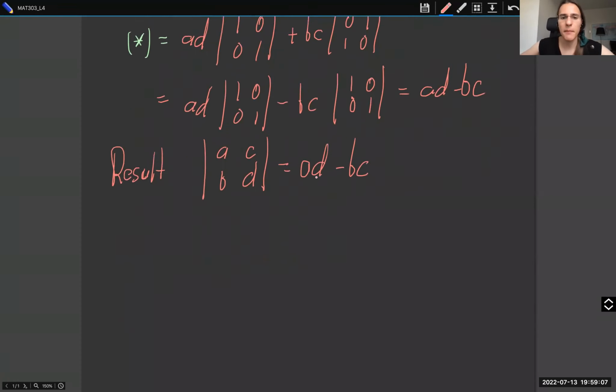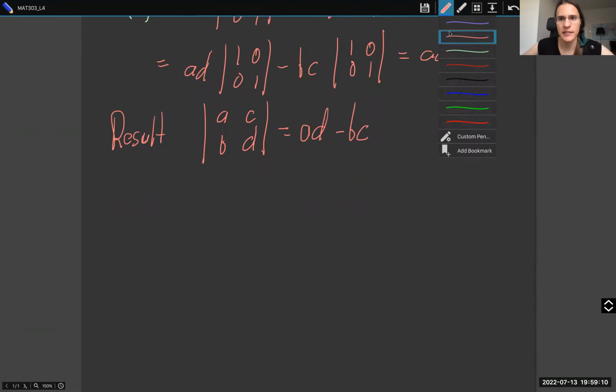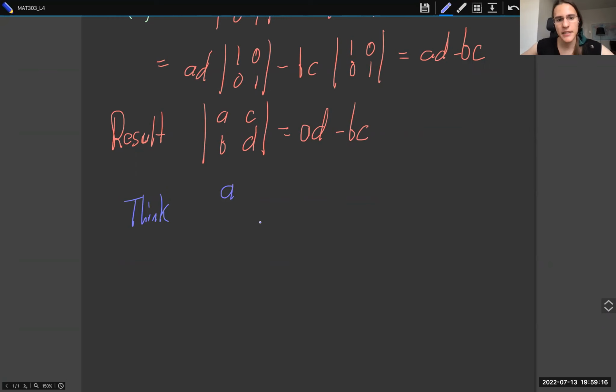And the way that you think about this is, you have A, D, and you have B, C, and you're going to do plus this, minus this. So it's going to be diagonals in both cases. So AD minus CB, or BC.